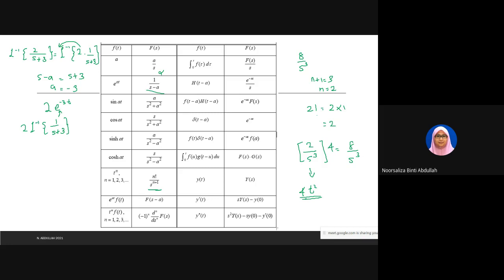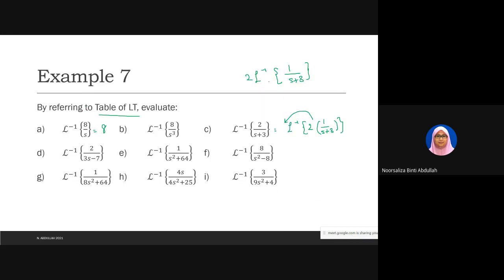S minus A equals to S plus 3, so A equals to minus 3. Then you put A inside, and you get exponent minus 3t. Then your final answer will be 2 exponent minus 3t.